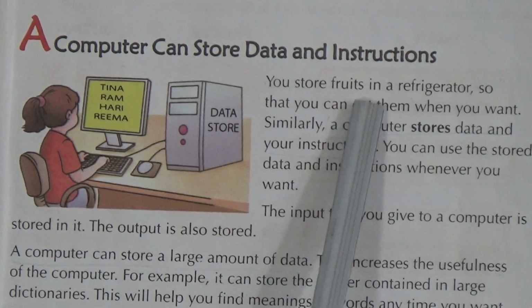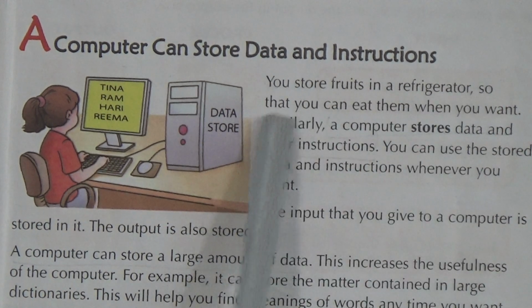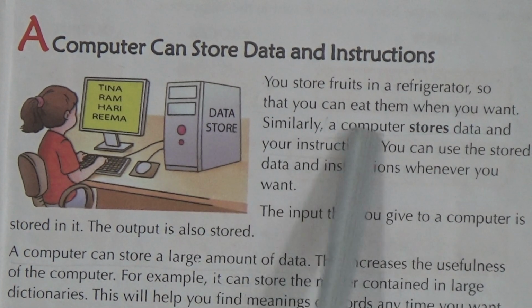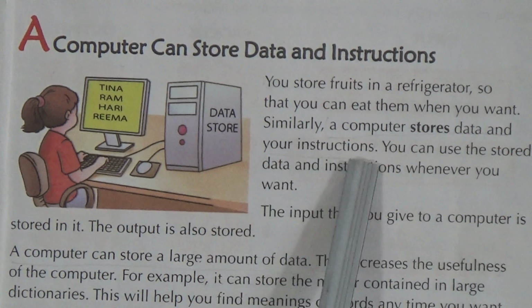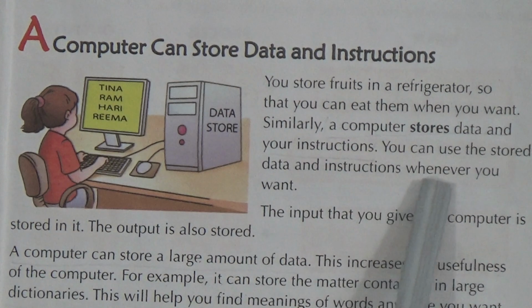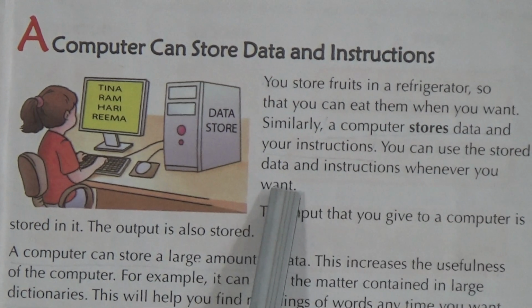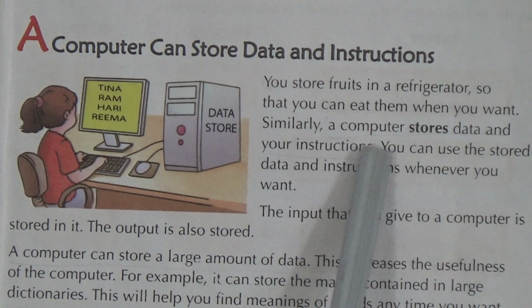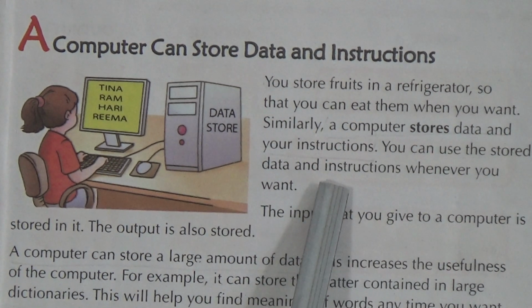You store fruits in a refrigerator so that you can eat them when you want. Similarly, a computer stores data and your instructions. You can use the stored data and instructions whenever you want. So just like your refrigerator stores your food, a computer stores your data and your instructions.